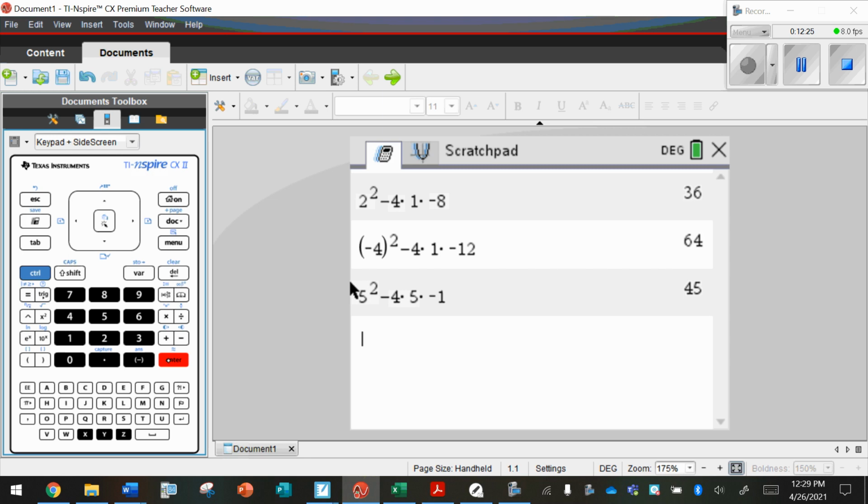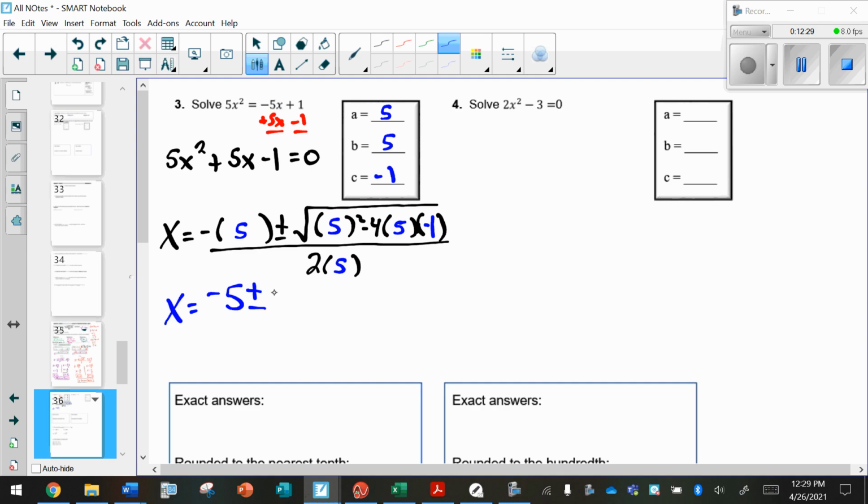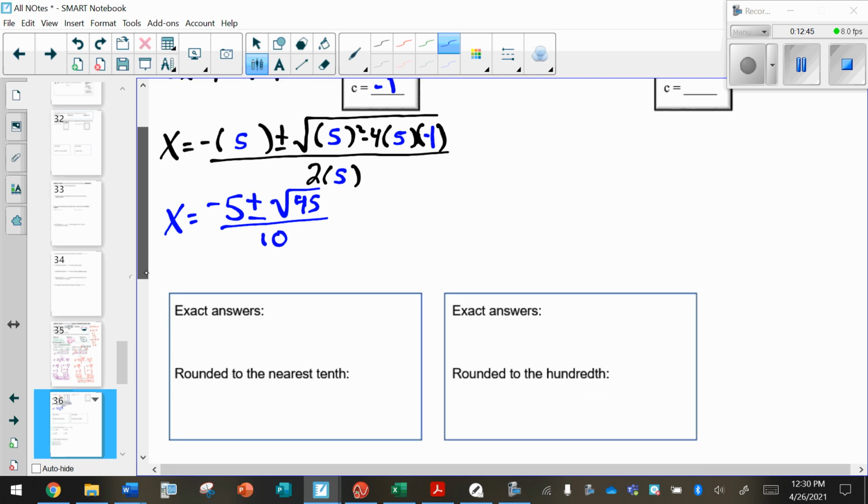So that gives us a 45 that's supposed to go into our radical. Now for this one, our radical, the discriminant, is not a perfect square. So we're going to have irrational roots.